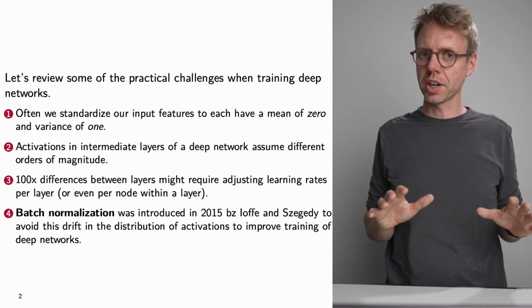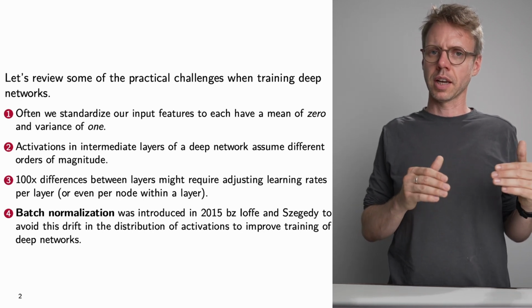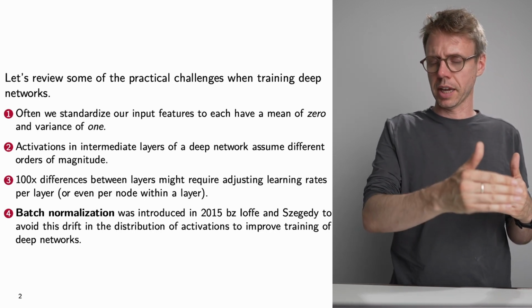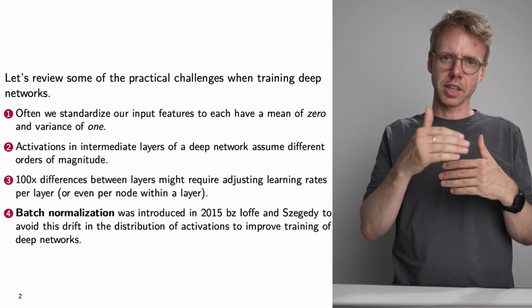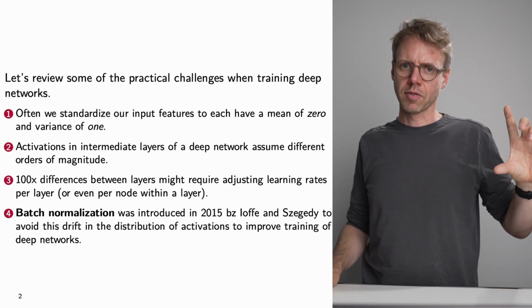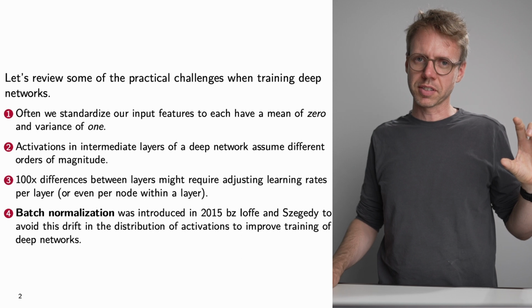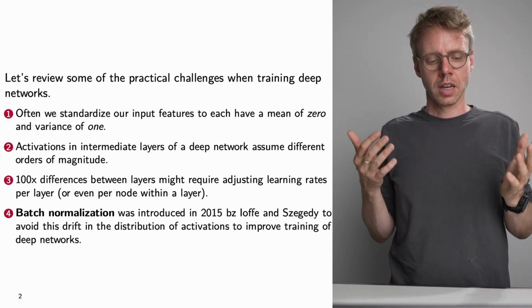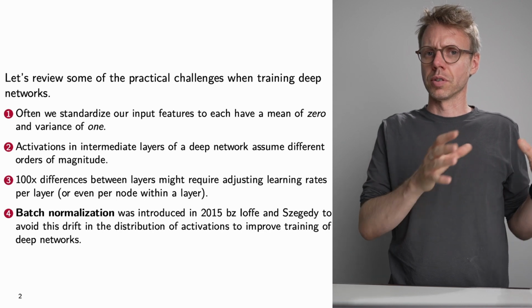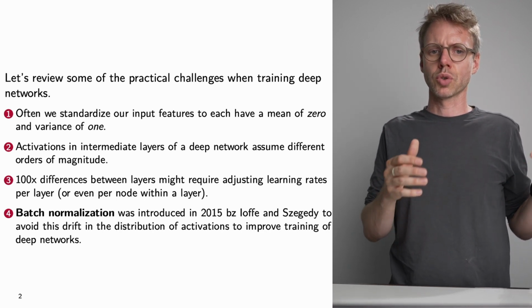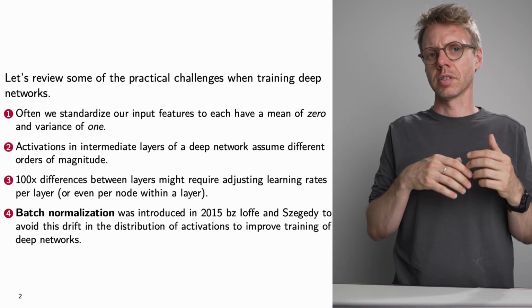One particular challenge is the issue that if we look at the representations that we create from the activations after each neural network layer, these values in these representations can have vastly different magnitudes. Now, for input data, a commonly used practice is just to standardize these input features.